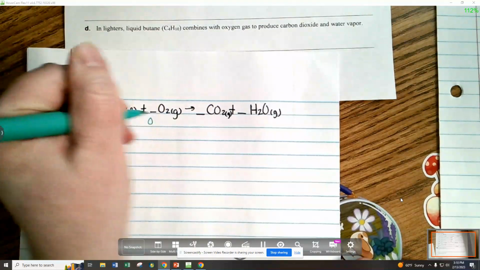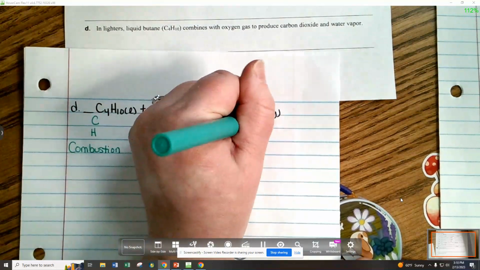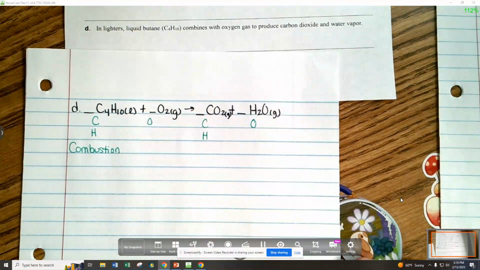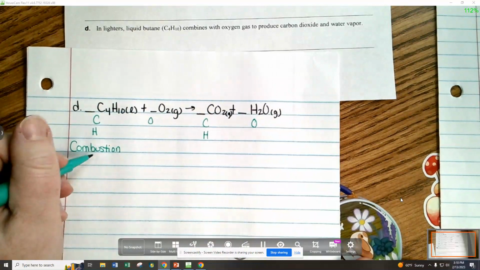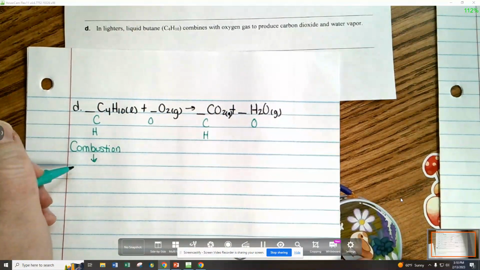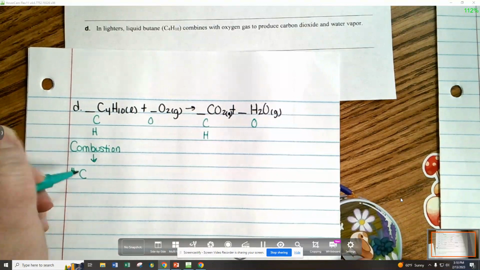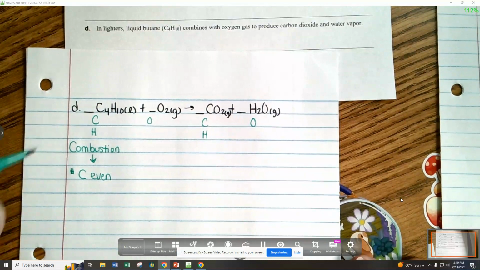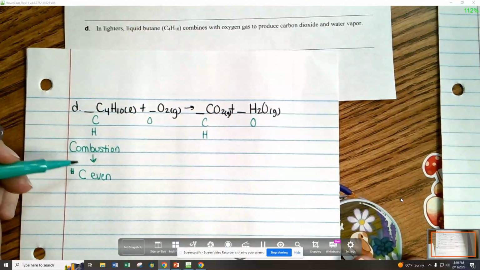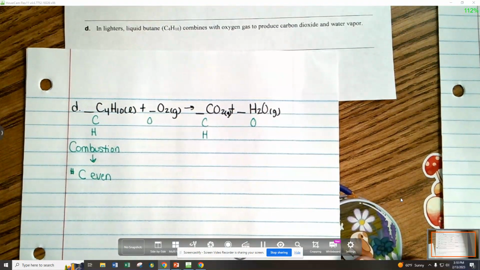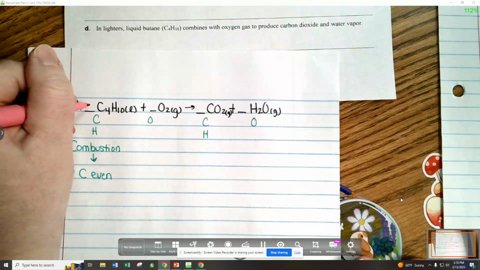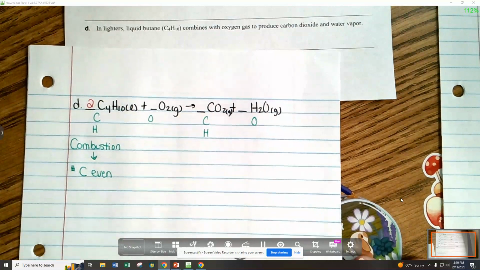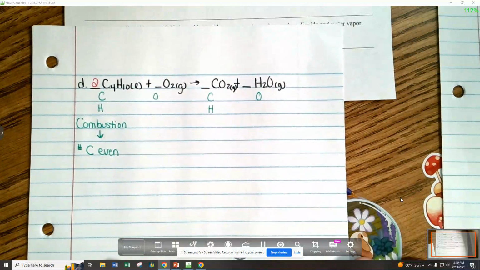So CHO, CHO. The other thing that's going to make or break balancing is when we balance a combustion reaction, notice here that the number of carbon is an even number. So there's a trick. Anytime you go to balance and your carbon is even, start by placing a 2 here. You're not going to see the importance right away, but later on it will be important.